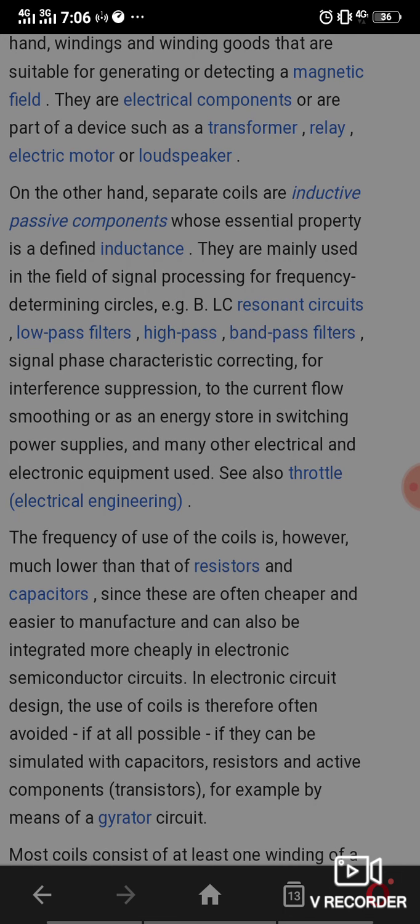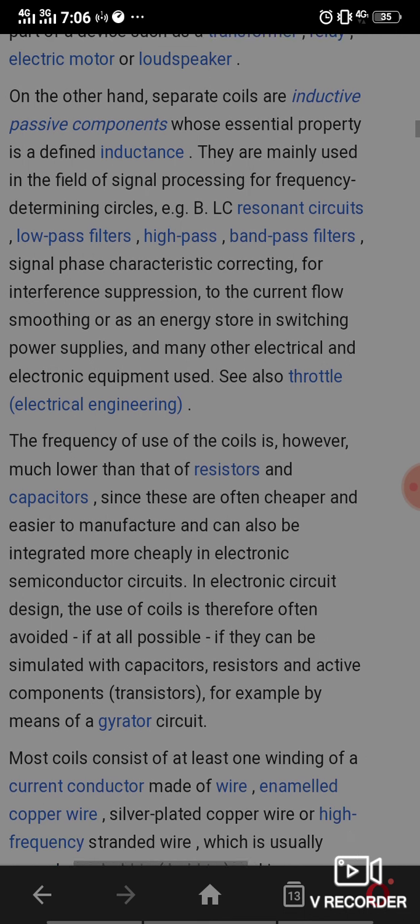The frequency of use of coils, however, is much lower than that of resistors and capacitors, since these are often cheaper and easier to manufacture and can also be integrated more cheaply in electronic semiconductor circuits.